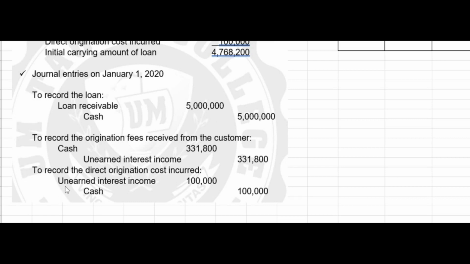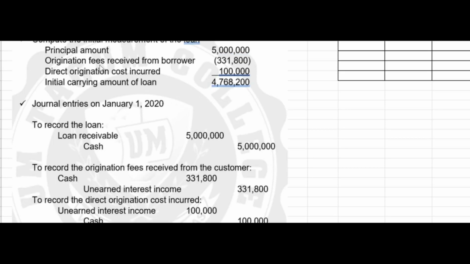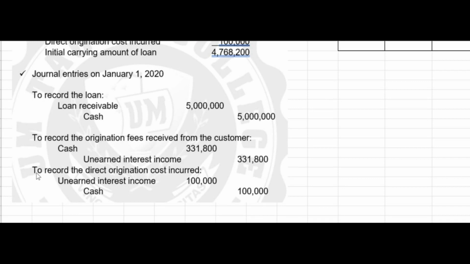Another entry is for the direct origination cost. Since we have already seen that the origination fees is greater than the direct origination cost, therefore we have to recognize unearned interest income. And that is why when we record our direct origination cost, we did not anymore debit the direct origination cost account.